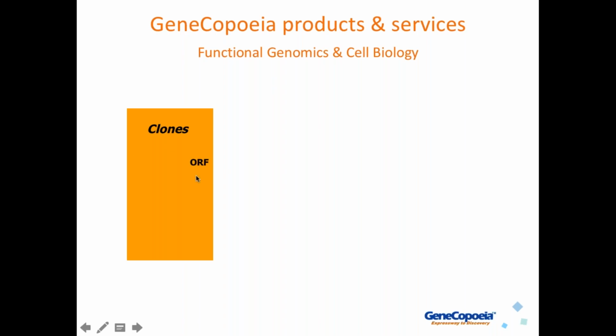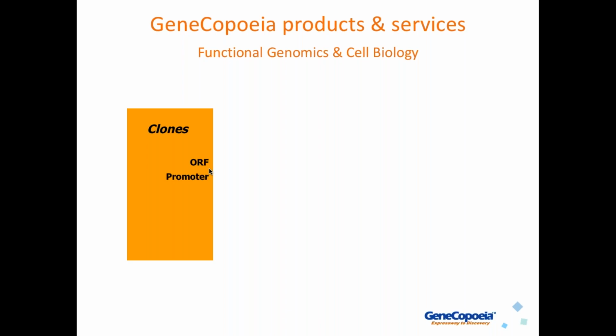And we started off by offering clones for open reading frame, or ORF. That is, we have large genome-wide collections of primarily human, mouse, and in some cases rat open reading frame clones. They're ready to use the day you get them. And they come in various configurations, either with or without fusion tags, different promoters, lentiviral and non-viral formats, etc.